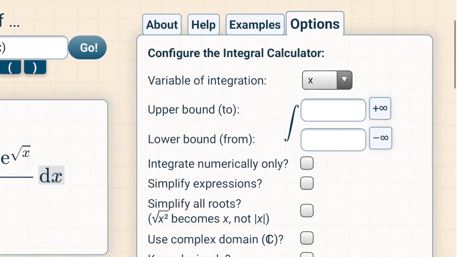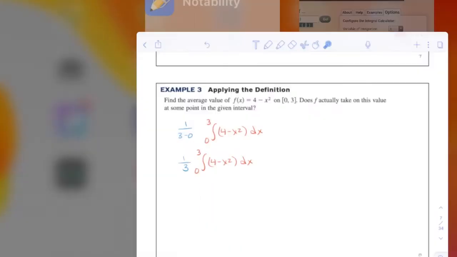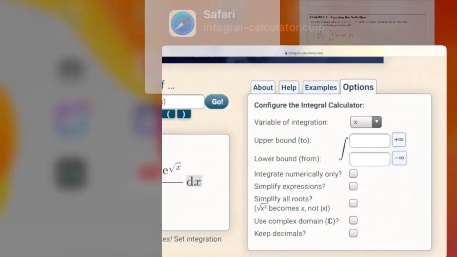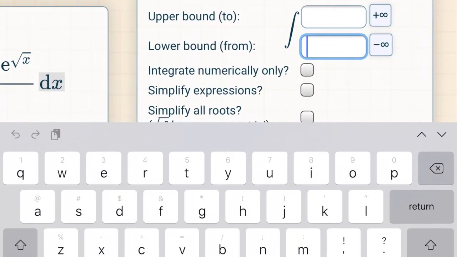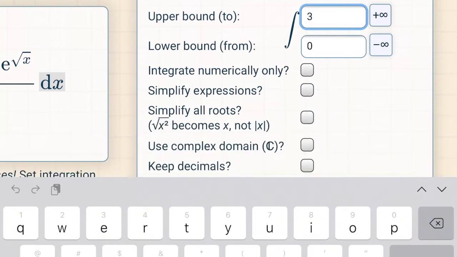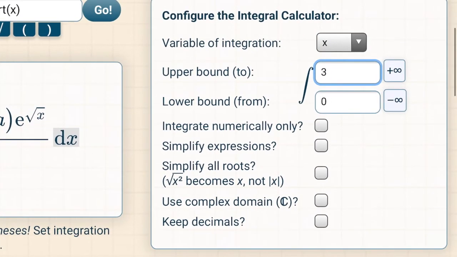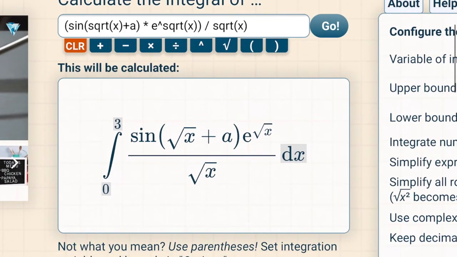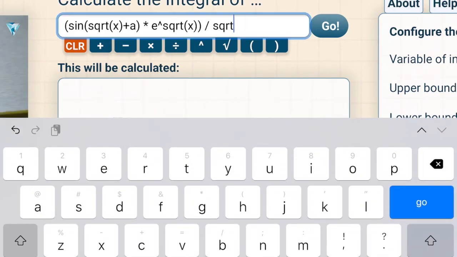You always want to go to options and set your lower and upper bound. On integralcalculator.net, your lower bound is 0, your upper bound is 3. You don't need to check off anything else.